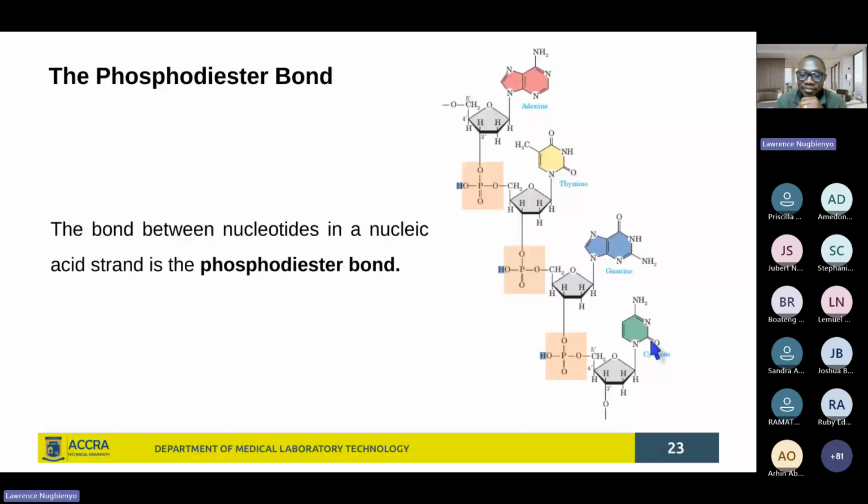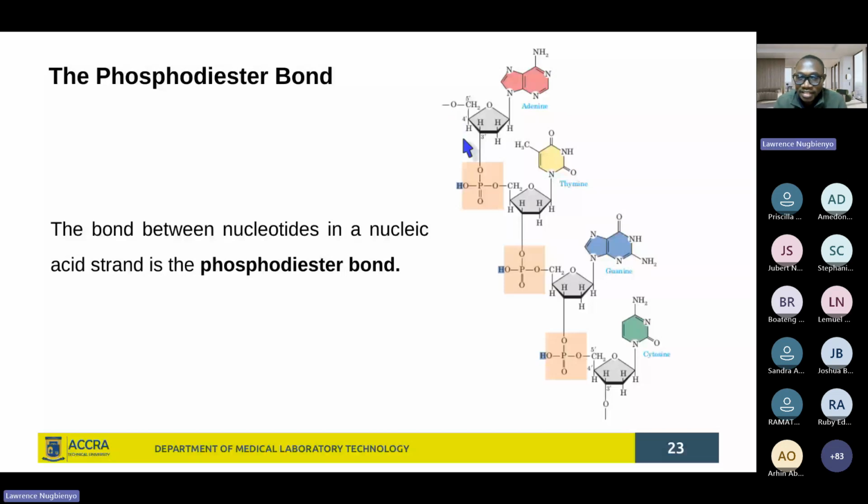But you also see that when we write these fragments, we usually write, maybe at the beginning, 5 prime, and then at the end, 3 prime. What do we mean by that? Now, look at the first nucleotide at the top, with adenine on it.